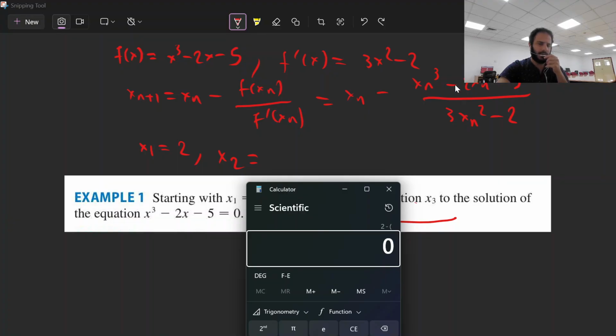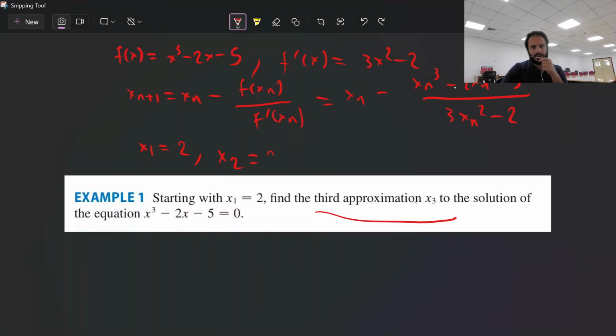You get 2 cubed minus 2 times 2 minus 5, close the parentheses, then you divide, open the parentheses, you get 3 times 2 squared minus 2, close the parentheses, and then find the final answer. It's 2.1, okay? So 2.1.